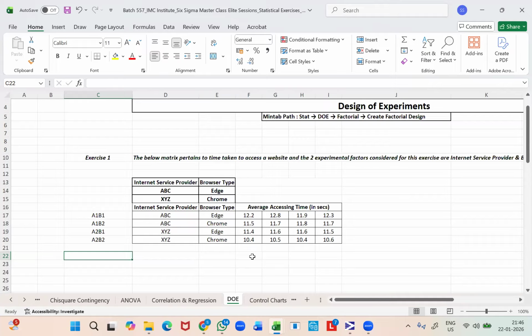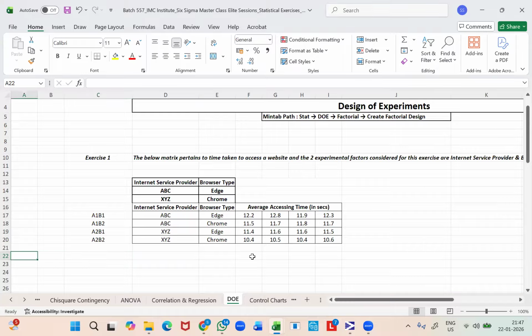So there are three factorial effects that we can validate for a two experimental factor experiment. Fine. So internet service provider as a main factorial effect, browser type as a main factorial effect, internet service provider into browser type as an interaction factorial effect.